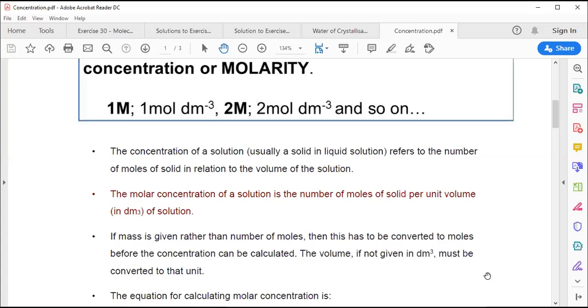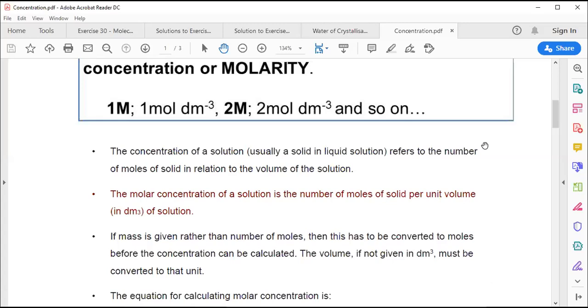So your teaspoon is 5 milliliters, the same as 5 cubic centimeters. When you go to the doctor, they say you must drink 5 mils of medicine. It means you must take 5 cubic centimeters of medicine. Cubic centimeter, milliliter, one and the same thing. Liter, cubic decimeter, one and the same thing.